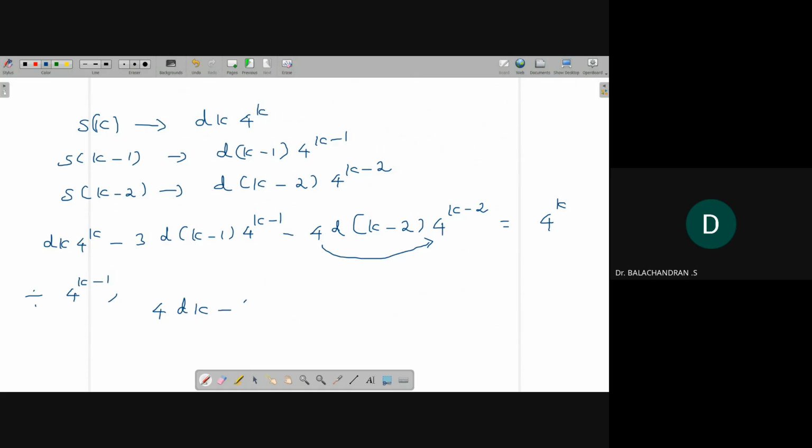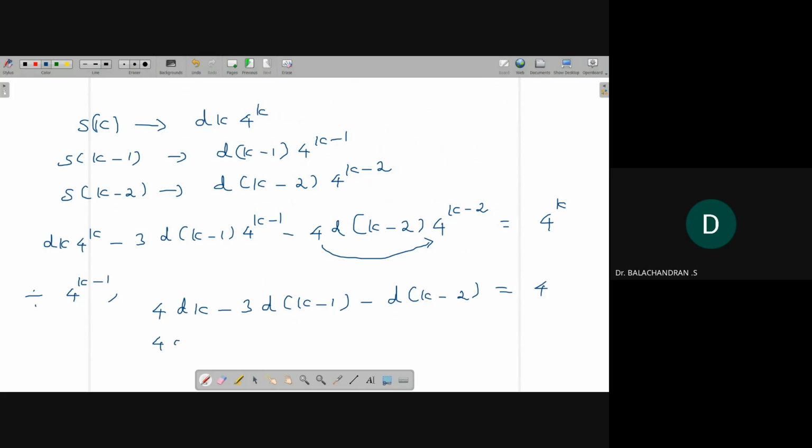Minus 3 into d into k minus 1. So 4 into 4 power k minus 2, that is 4 power k minus 1, gets cancelled. Minus d into k minus 2. The right hand side is only 4. My aim is to find the value of d.